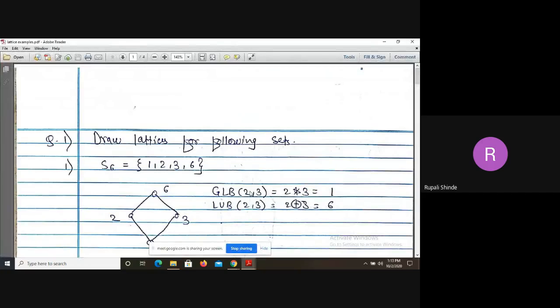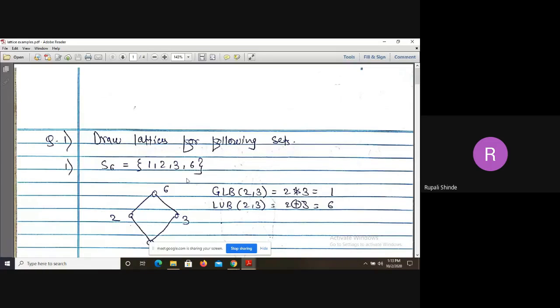That question was given as S6, where 6 is the integer, and here you have to find all the divisors of 6. So for S6, we write the divisors of 6 like 1, 2, 3, 6.